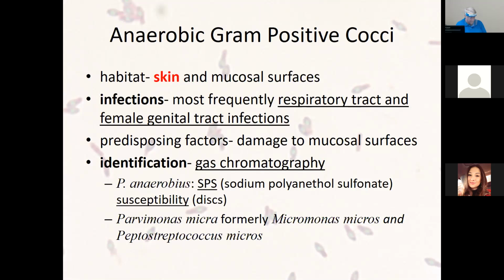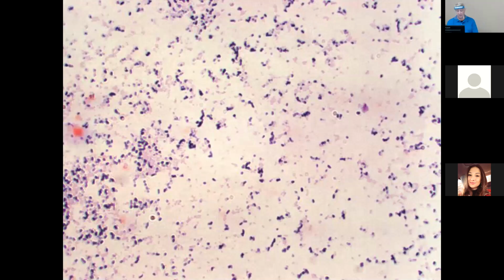That's the point I was trying to make. The book is calling it Pepto. Peptostreptococcus anaerobius, an anaerobic gram-positive cocci. I'm good with that.